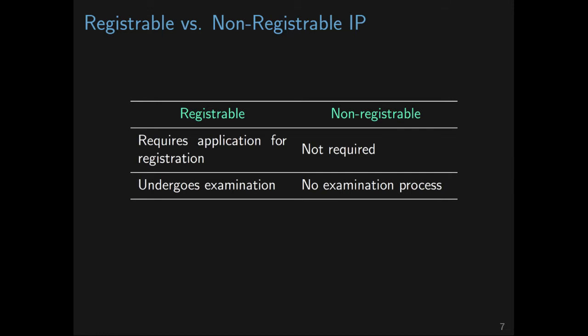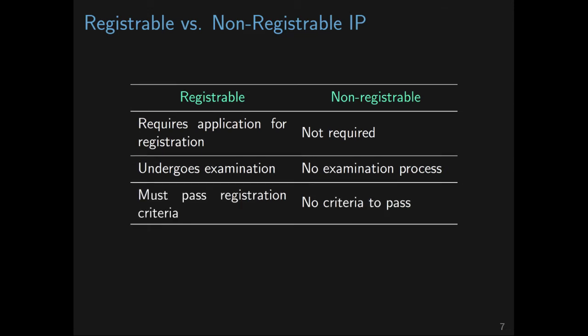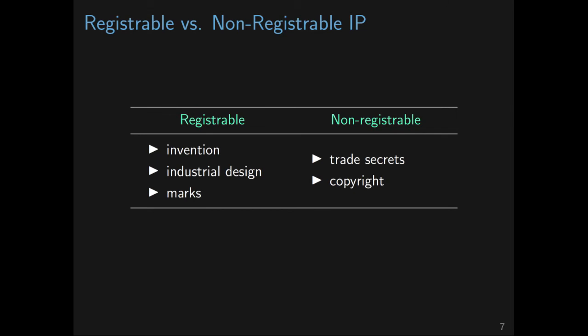This is not true in the case of non-registrable IP. And examination implies the presence of such things as registrability criteria, which is also absent in the case of non-registrable IPs. So as you might guess, the registrable IPs are inventions, industrial designs, and marks. And the non-registrable IPs are the trade secrets and copyrights.